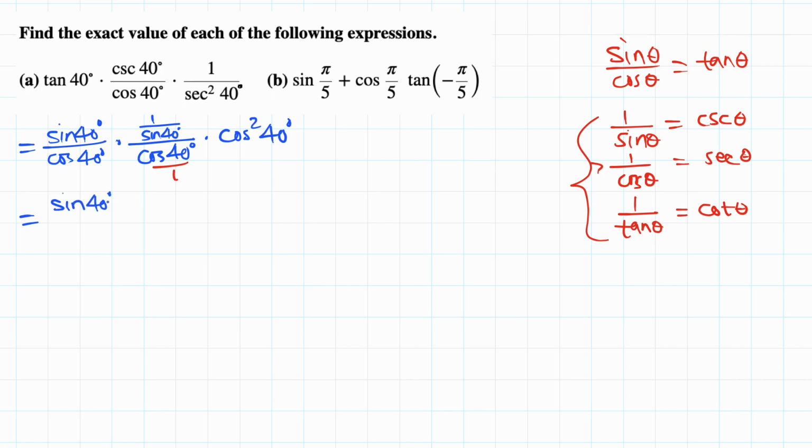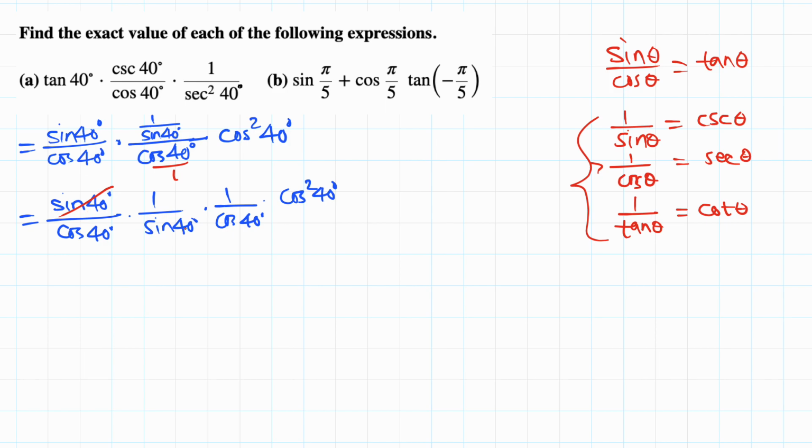Sine 40 degrees over cosine 40 times 1 over sine 40. If we change this division into multiplication, we need to flip 1 over cosine 40, and here comes cosine 40 squared, 2 copies of cosine 40 degrees.